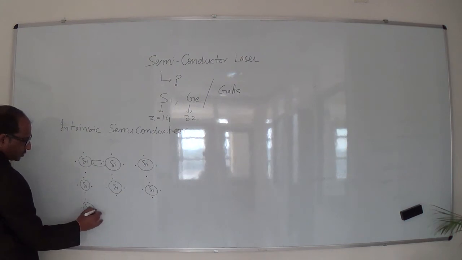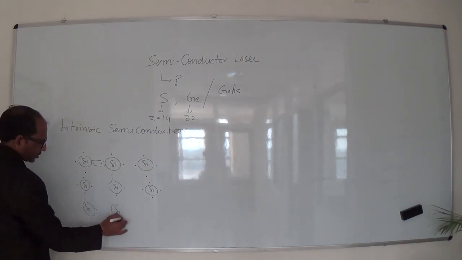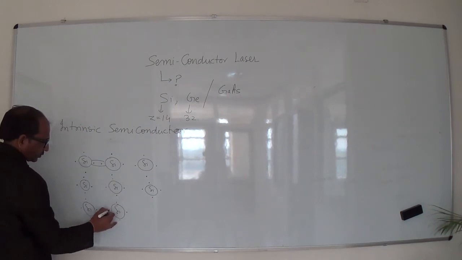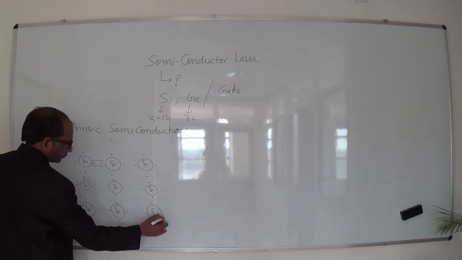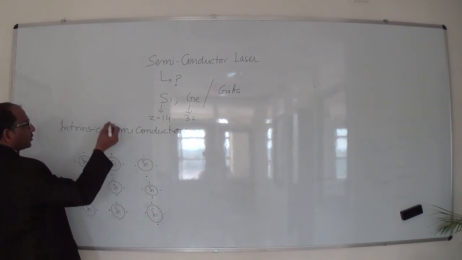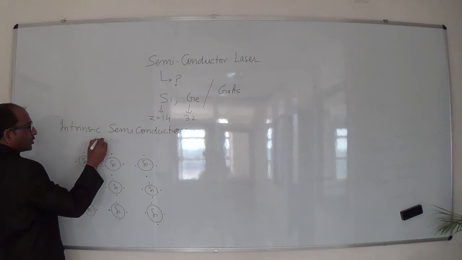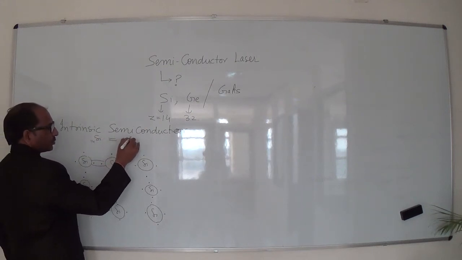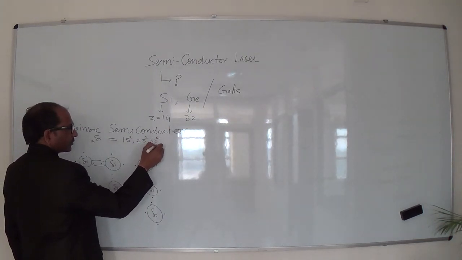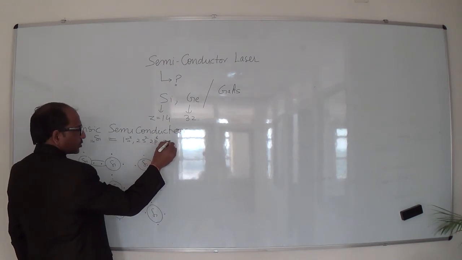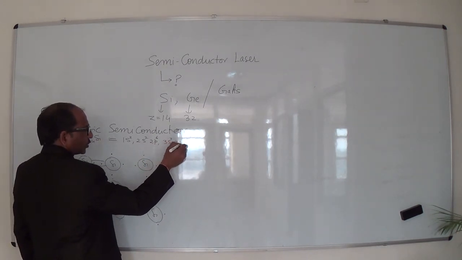So this is the crystal of silicon semiconductor material, where in the outermost shell they have 4 electrons. The electronic configuration of silicon is 1s2, 2s2, 2p6 and 3s2, 3p2.